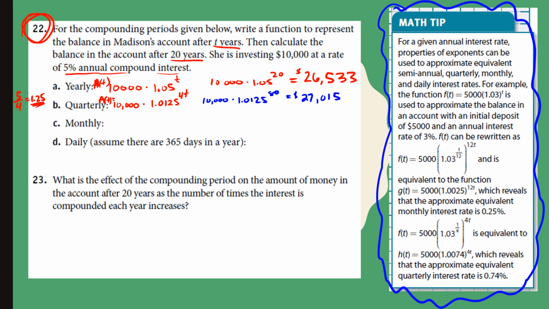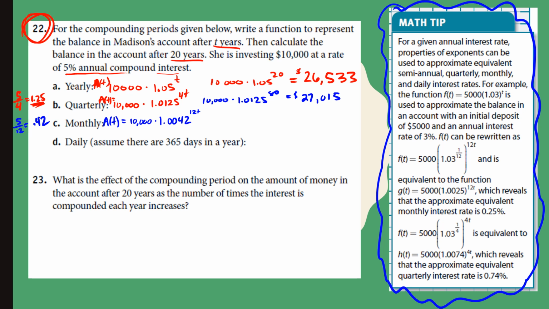Now monthly, so the amount is going to equal 10,000 times, now 5% divided by 12 months a year, right, is going to give us an interest rate of 0.42. So the growth factor will be 1.0042. And it's going to have to be to the 12t, because monthly means it's going to compound 12 times a year.